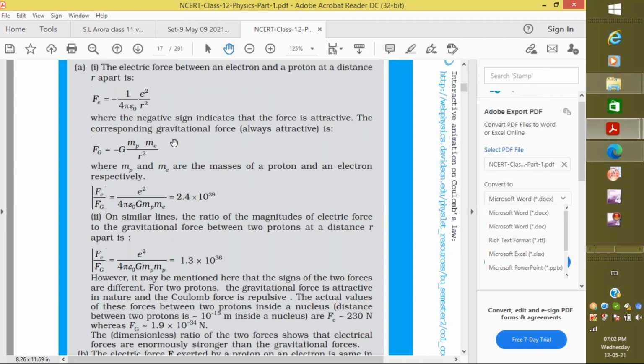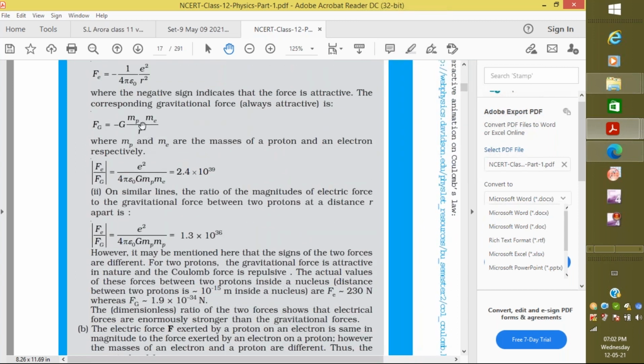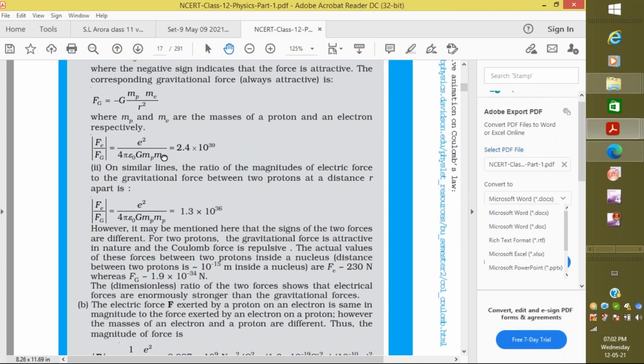If you find out the values, you will get Fe by Fg, the ratio of electric force to the gravitational force, as 2.4 into 10 to the power 39. That means your electric force is almost of the order of 10 to the power 39 greater than the gravitational force.